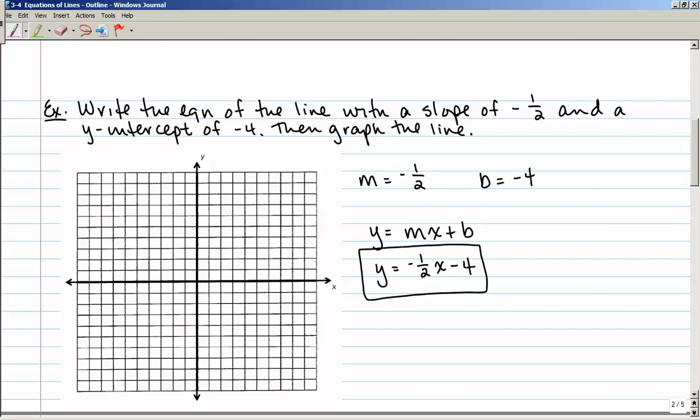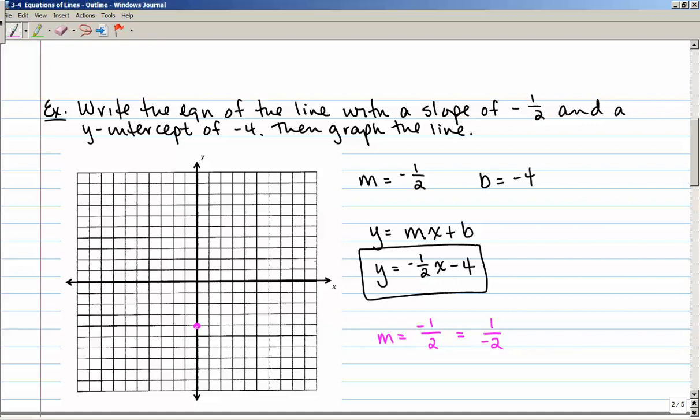In order to graph that line, I'm going to begin with the y-intercept, which is my b. So my b is -4, so I plot that on the y-axis. And my slope, which is m, tells me how I'm going to move. Now my slope I can think of as -1/2 or 1/2 over -1. Recall that slope is rise over run, the change in the y direction, or up down, over the change in the x direction, which is left right.